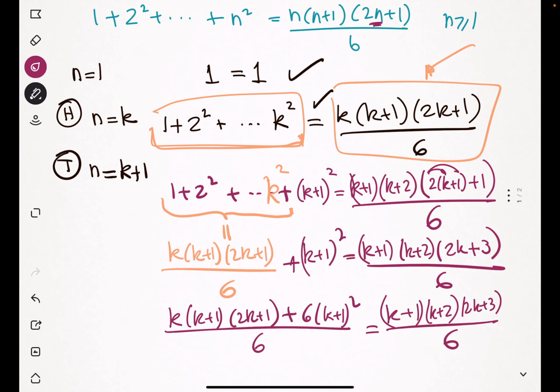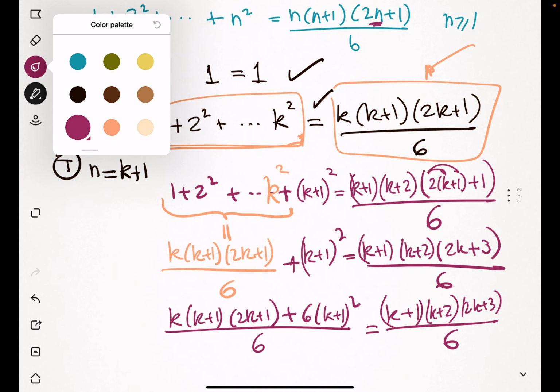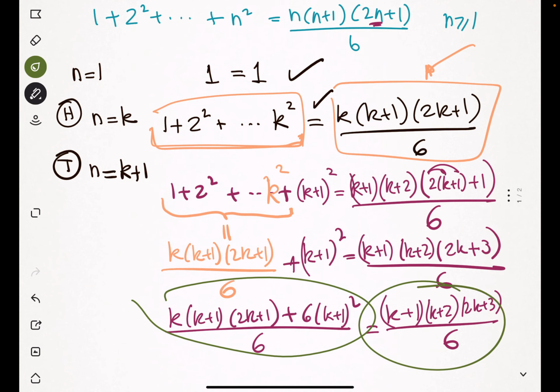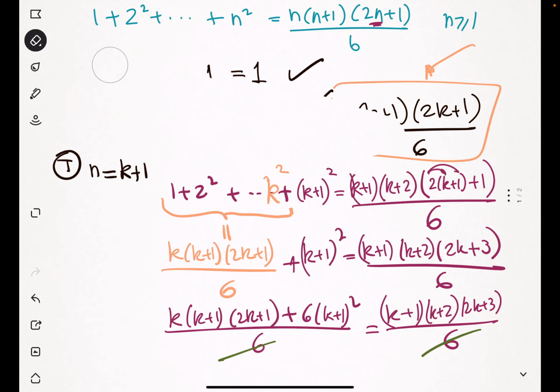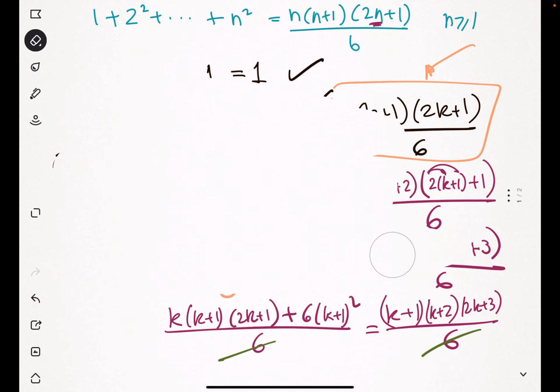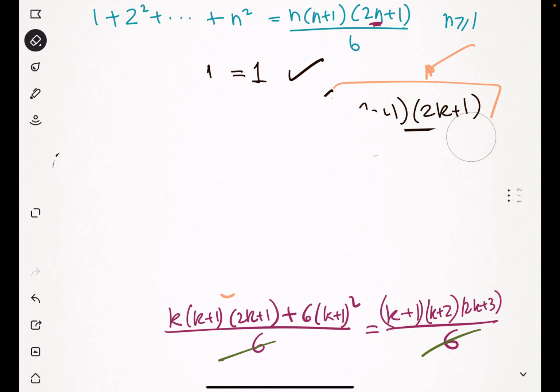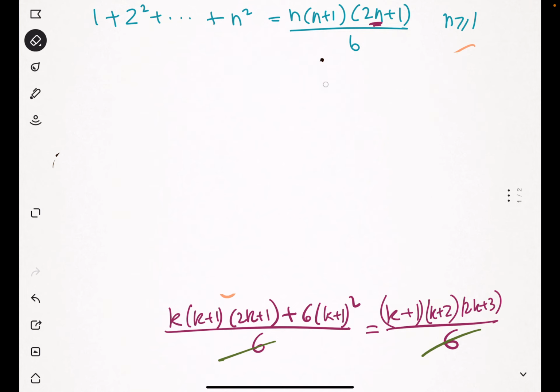At each step, you should be observing whether what appears here and here are the same. At this point, we see that they are similar but not the same. We see a 6. We can simplify it since it's the same on both sides. But for the numerators, we are not sure yet if they are the same or not. So the remaining work is just to do the algebra and arithmetic here and see if we get exactly the same on both sides.